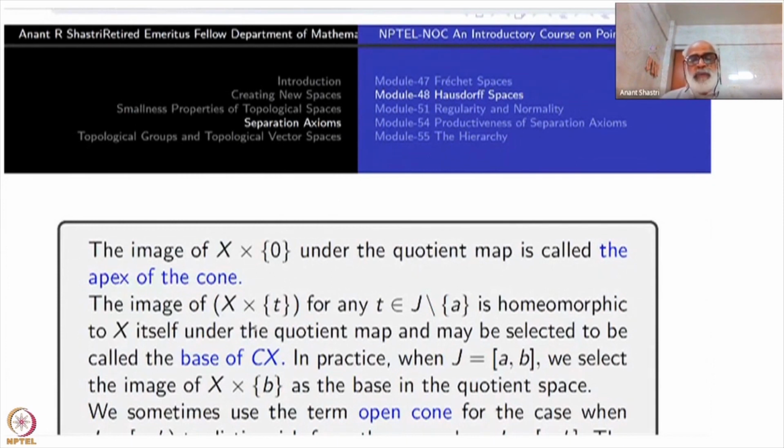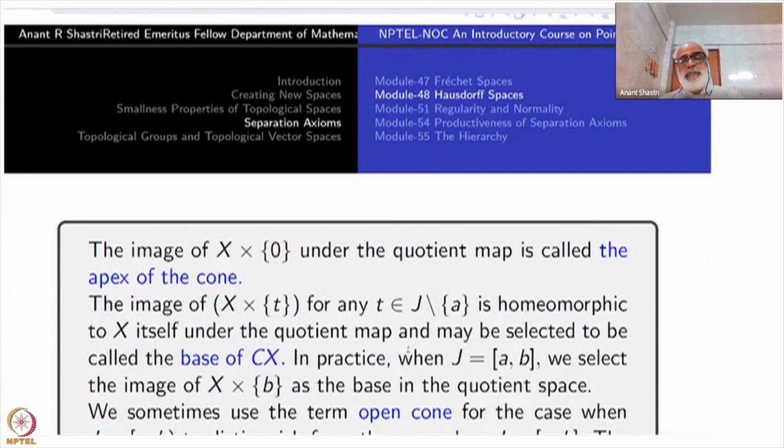Now take the image of X cross t for any t not equal to A. There is no identification there; the points are as they are. So the image of X cross t is a homeomorphic copy of X, and it is contained inside the cone.